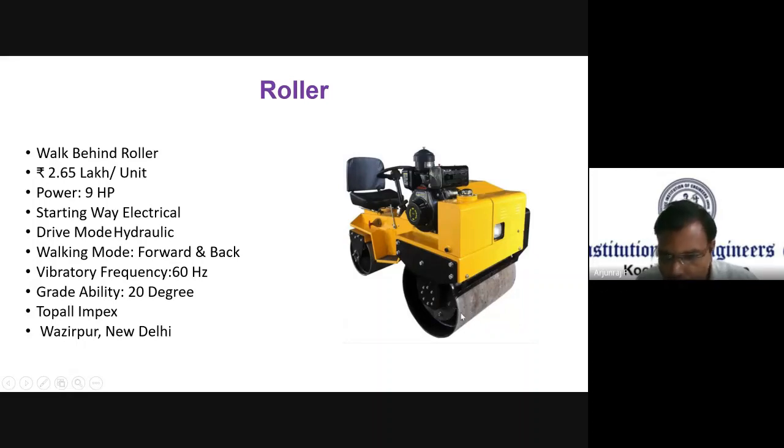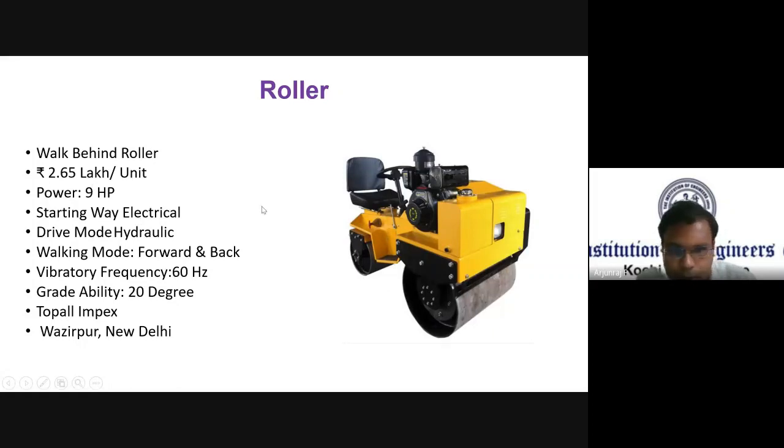A smooth wheel roller has one wheel at the front and two wheels at the rear, and the diameter is going to be large at the rear, and at the front it is going to be less. But because of the sizing of the picture, it is looking different.